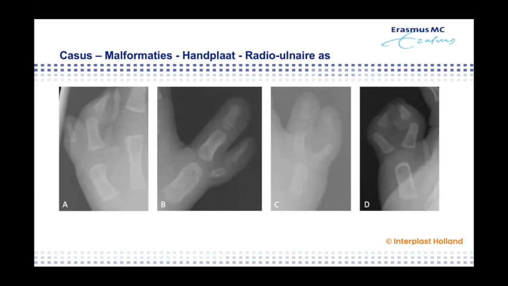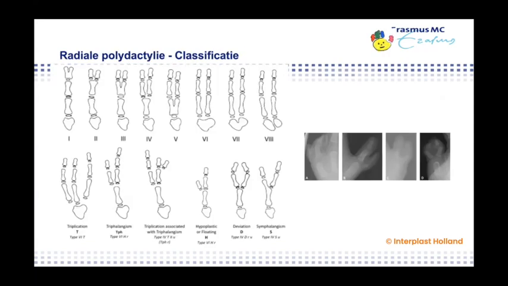So it's very important to keep in mind that it's not just cutting off the extra thumb as you do in those very tiny little fingers, but reconstructing the whole finger. This is the classification as we use it in Rotterdam, the Rotterdam classification for polydactyly, in which we also included the triplications and the triphalangeal thumbs, because we see a lot of triphalangeal thumbs from a certain part of the Netherlands.